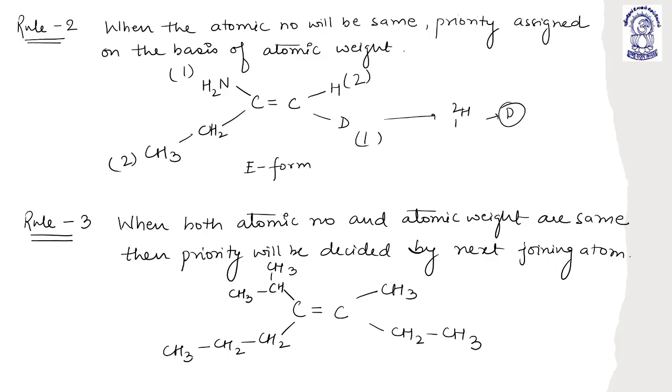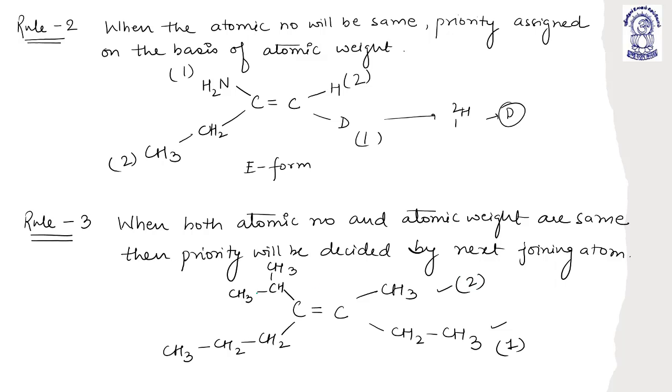Now here you can see carbon, carbon, carbon, carbon. The atoms attached to the double bonded stereogenic carbon are all carbon, but as a group their atomic weights are different. So this group will be more prior and this one less prior.